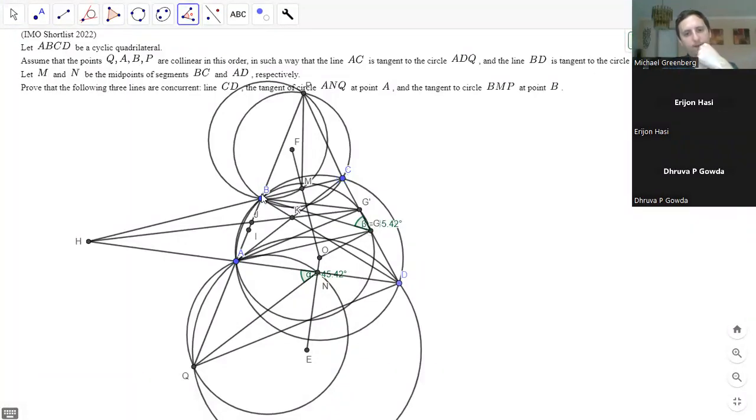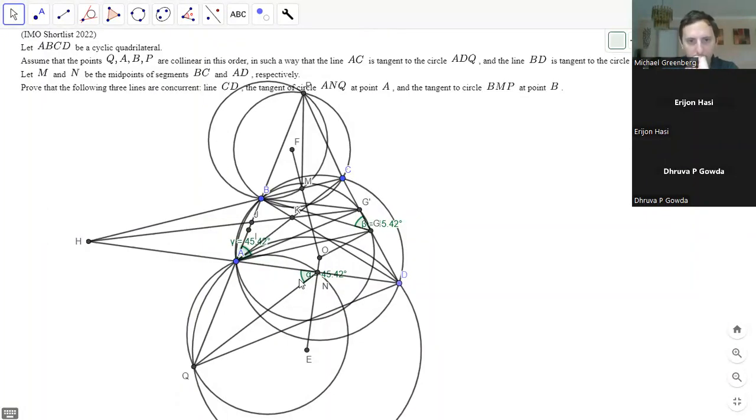No, BGC is equal to G prime AB. Okay. Let's see. So we have G prime AB. Yes, we'll have that. G prime AB is equal to ANQ.